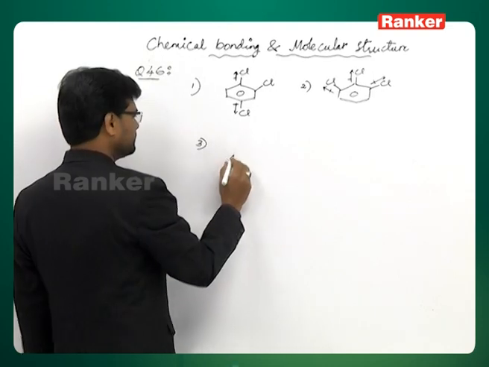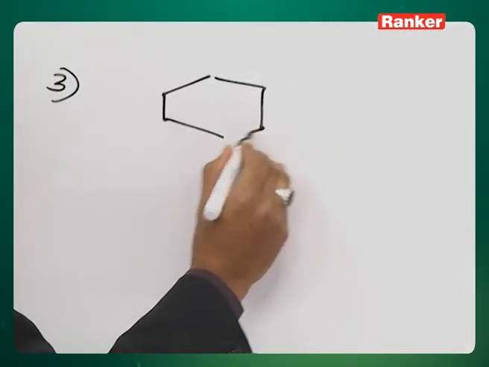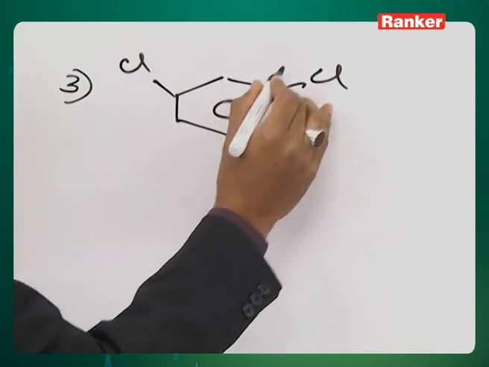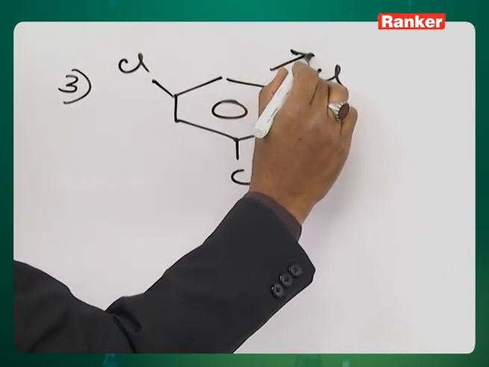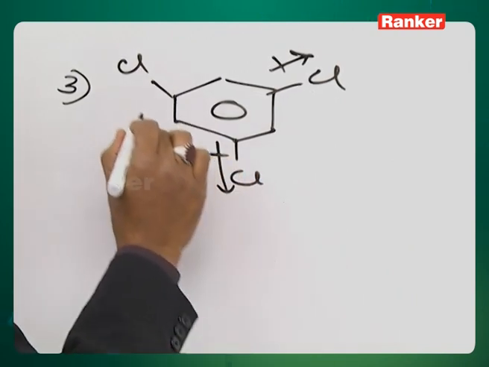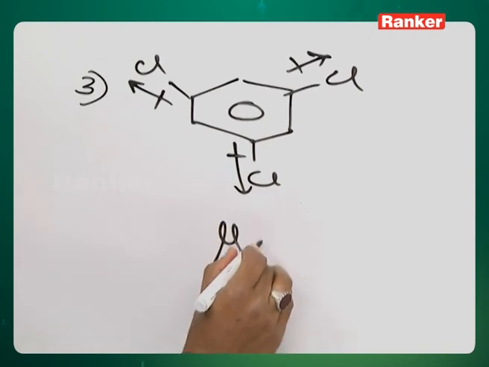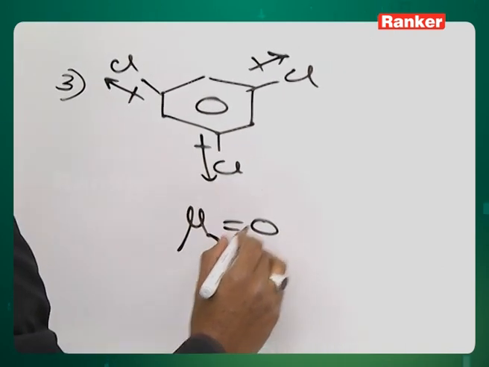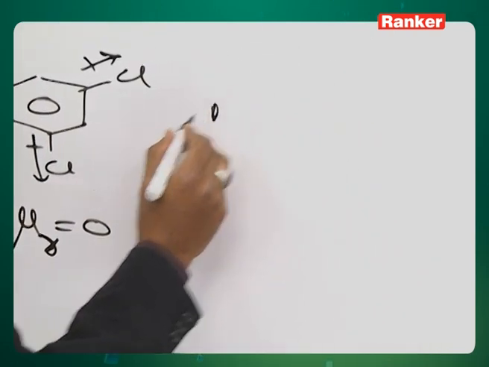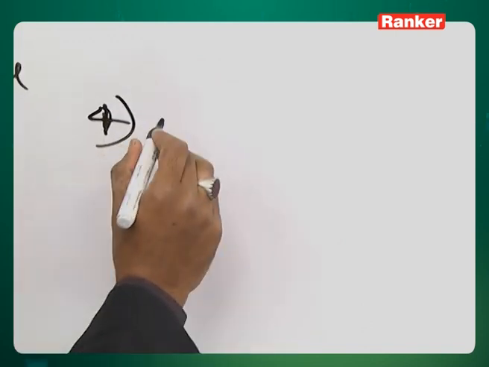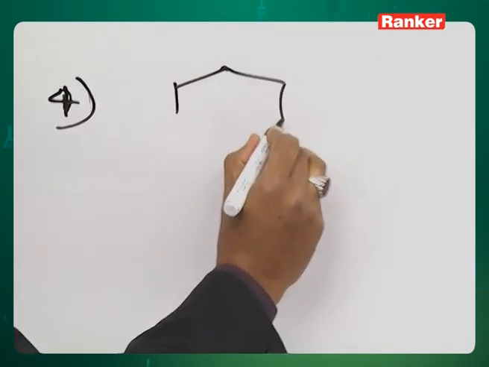Look at the third option. These 3 chlorines can cancel out each other. They are at 120 degrees dihedral angle and they cancel out each other. Mu r equals to 0. So, obviously, this is not the answer. And the fourth one is para 1,2-dichloro benzene.